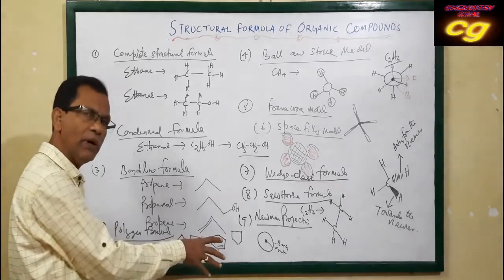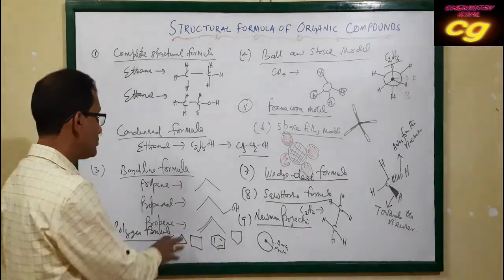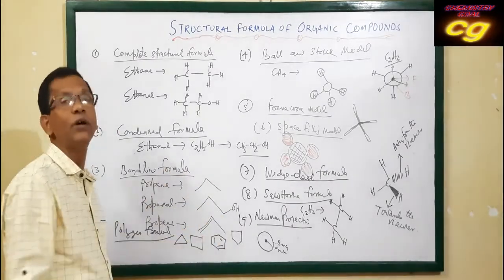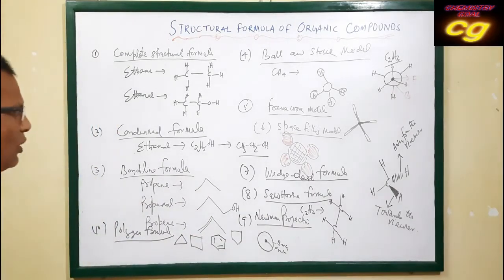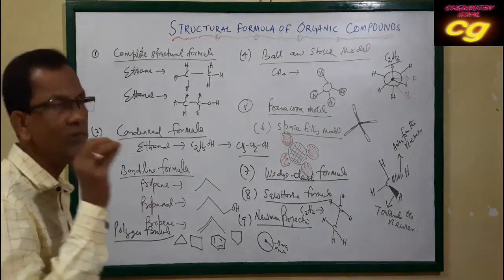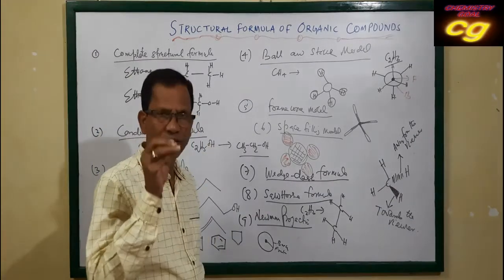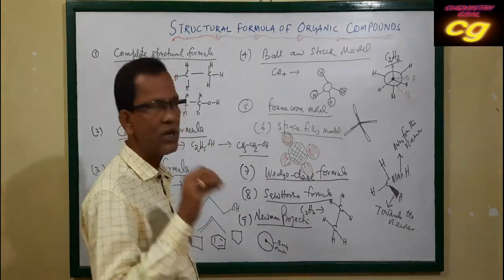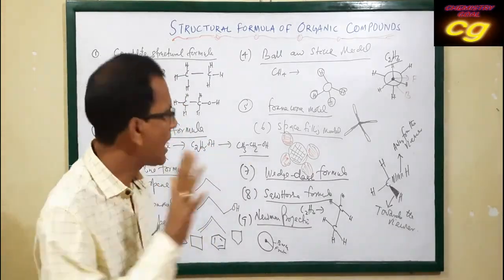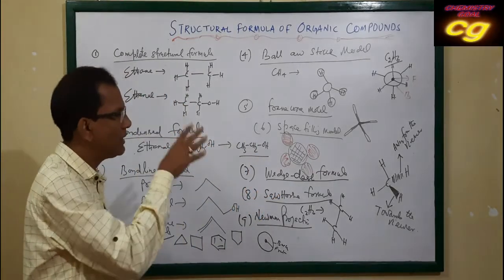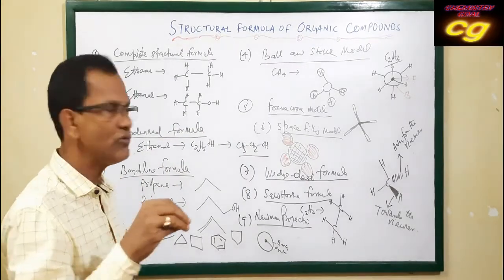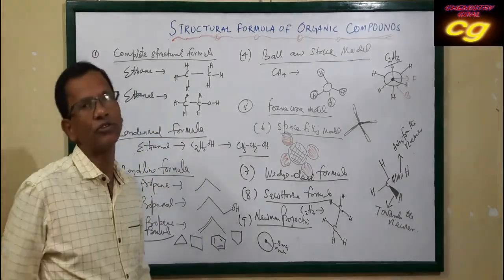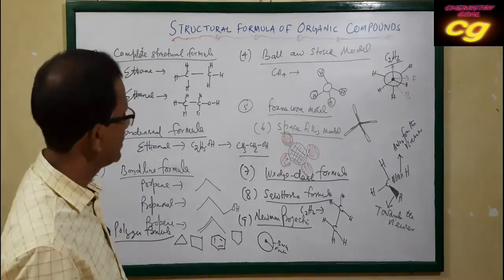All are cyclic compounds shown in polygon form, called the polygon formula. So these are some simple concepts regarding the structural representation of organic compounds: how you can write organic compounds in different structures.